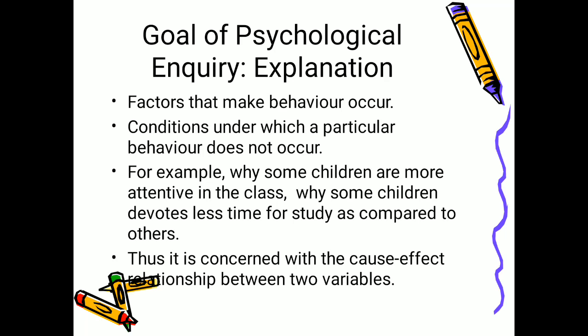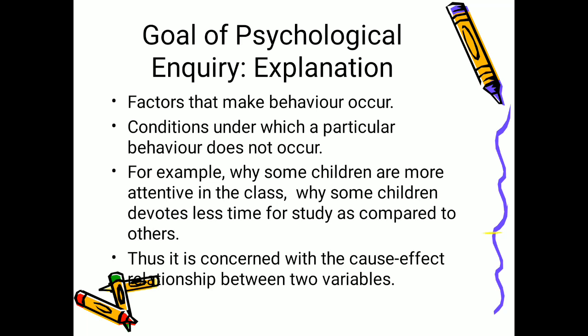But if the light is very dim, I would increase the intensity of the light. So light is a variable which can be increased or decreased depending upon how much light I need. So explanation is where you try to elaborate the factors that made that behavior occur, why that behavior occurred.